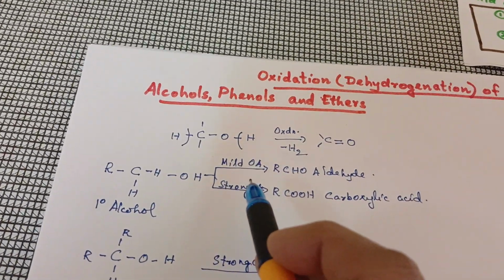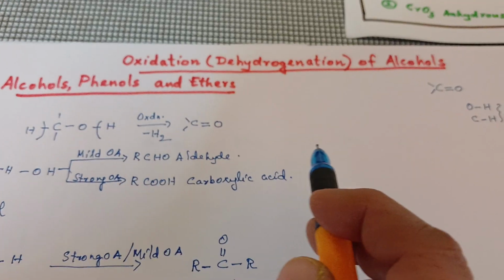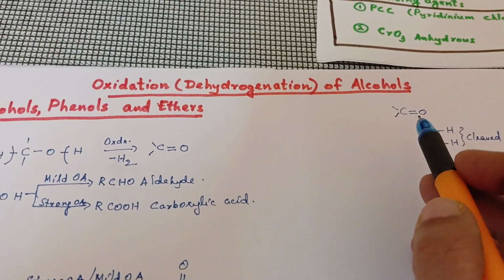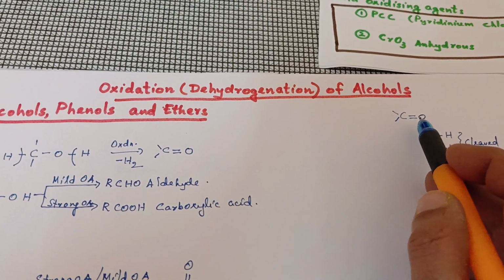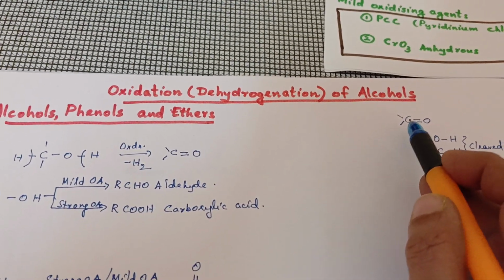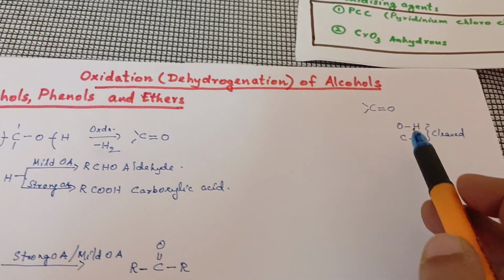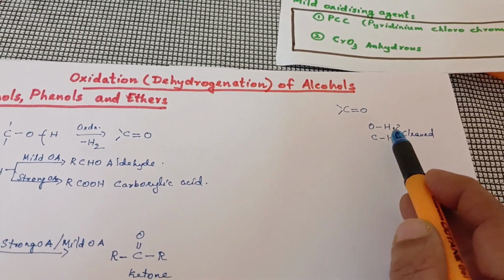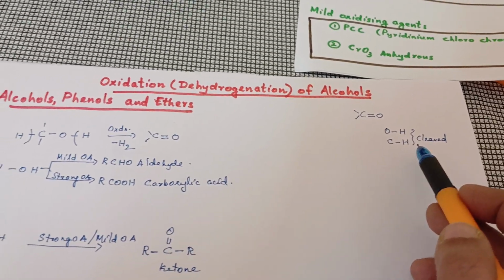So we said in the oxidation reaction or dehydrogenation reaction of alcohols, you get a C double bond O, that is a double bond between carbon and oxygen. There is the cleavage of an oxygen hydrogen bond and a carbon hydrogen bond.